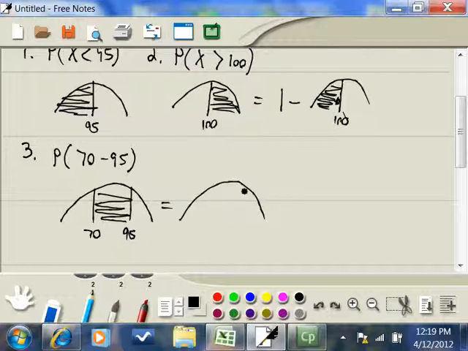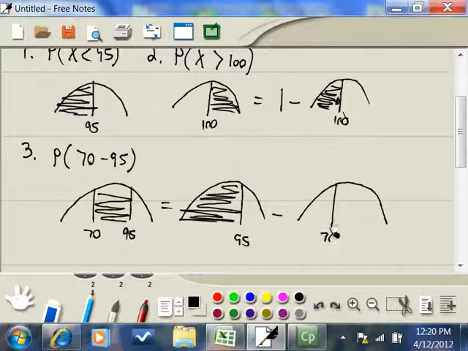So we're going to do 95 shaded to the left minus then 70 shaded to the left. Because again, if I envision 70 in here, if I have all this area shaded, and I cross off all the area to the left, that'll leave me the area shaded in the middle, which is what I'm wanting. And both of these are going to the left, shaded-wise. So we'll plug both of them into Excel.